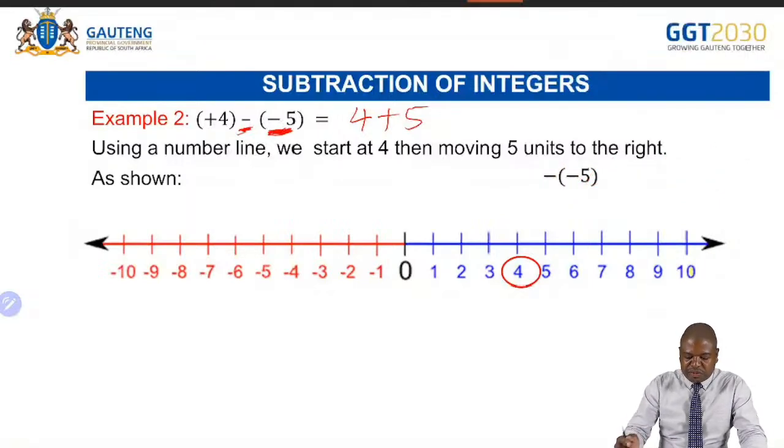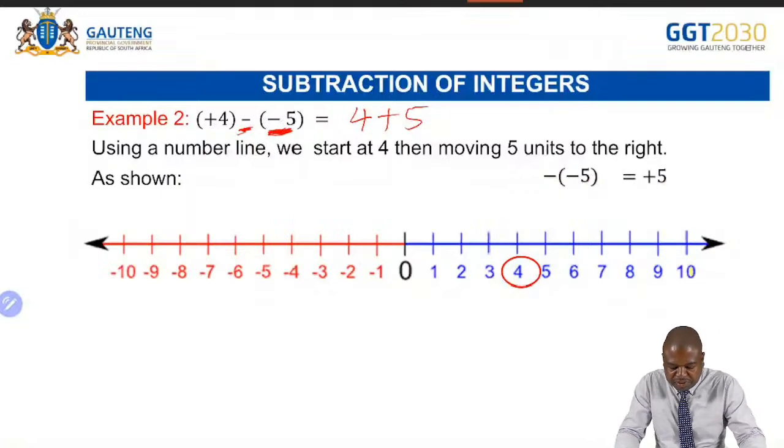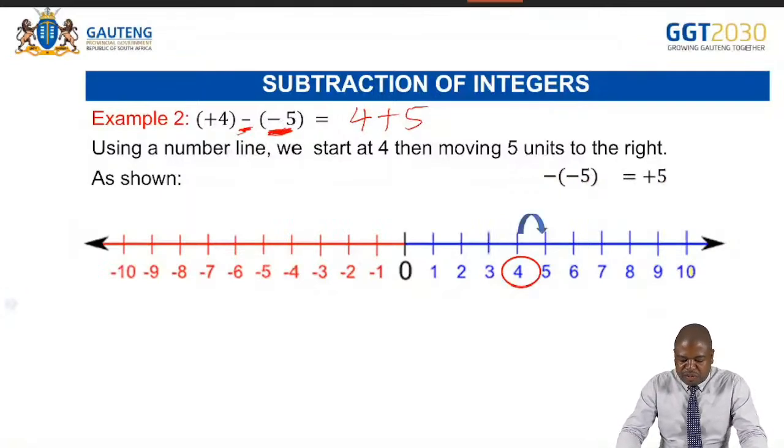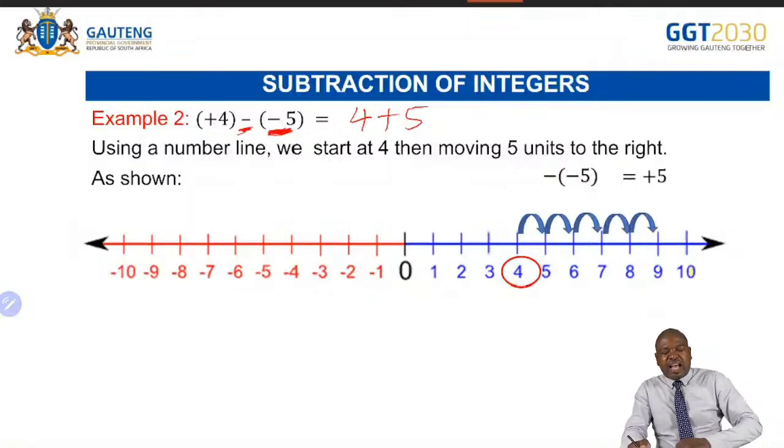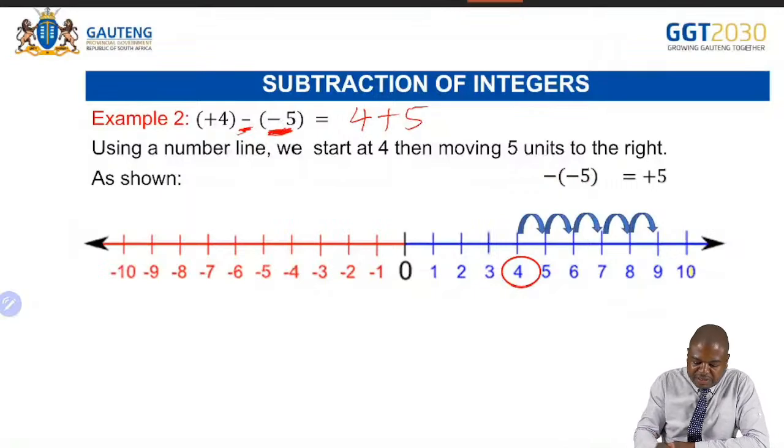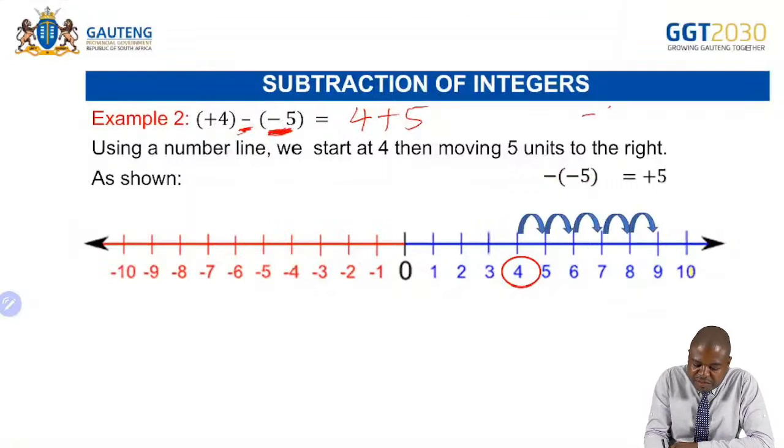And if you do that, what do we get? Right. We get 9. So in other words, what can we say? If you are subtracting a negative number, you add its opposite, right? What is the opposite of -5?